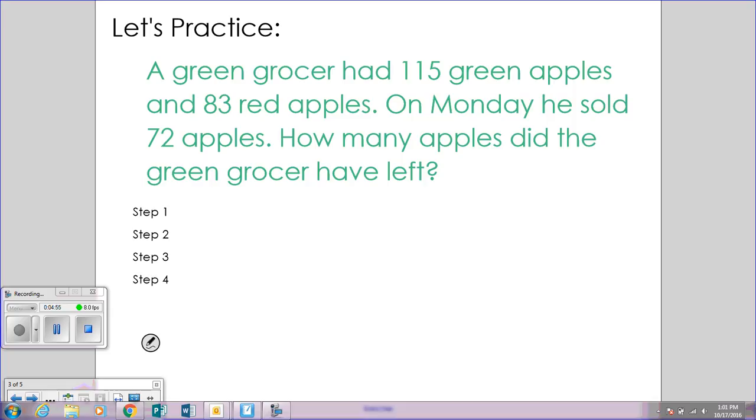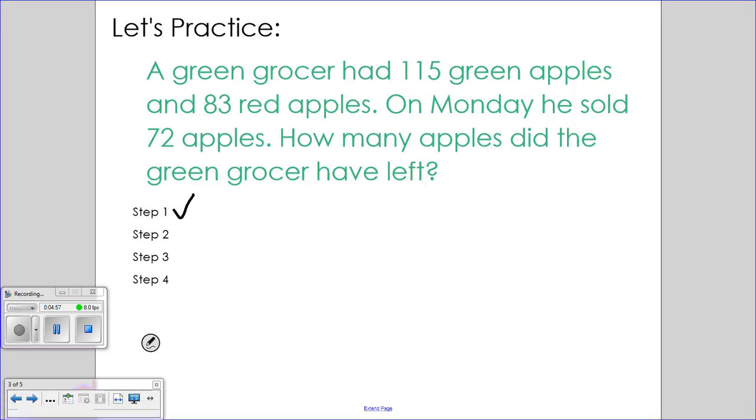All right, we did step 1. We read the problem. Step 2. What is step 2, Eva? Know the unit. A trick might be to underline the question sentence. So he wants to know how many apples did the green grocer have left?